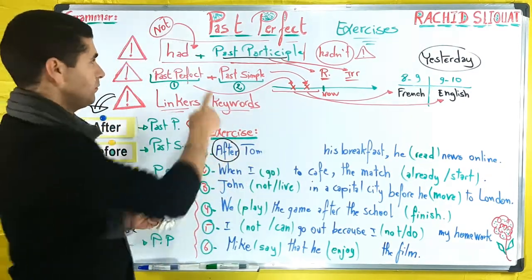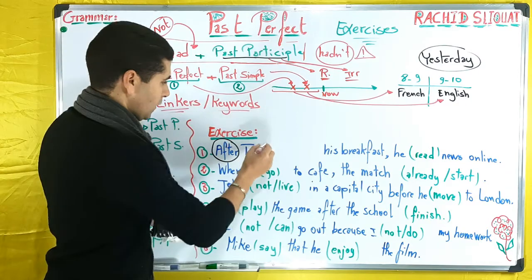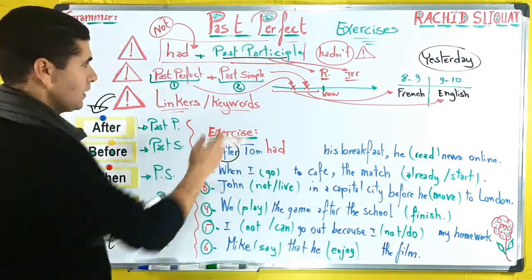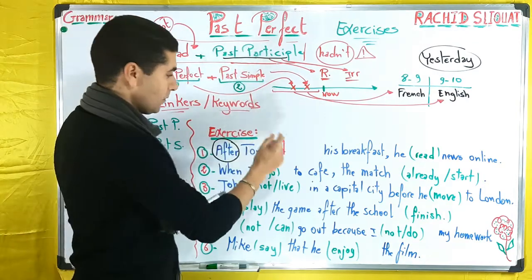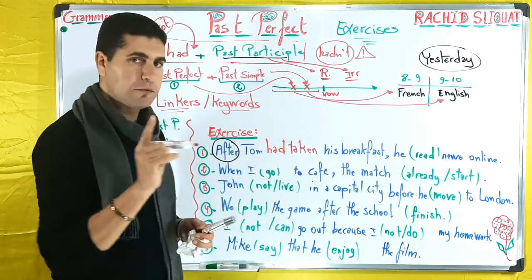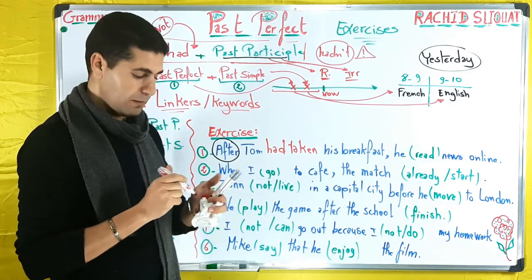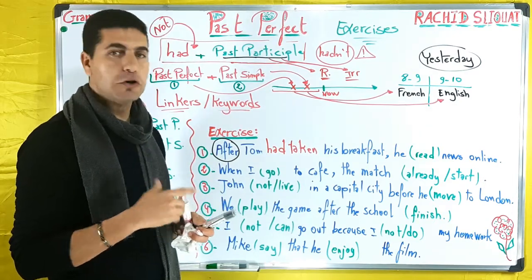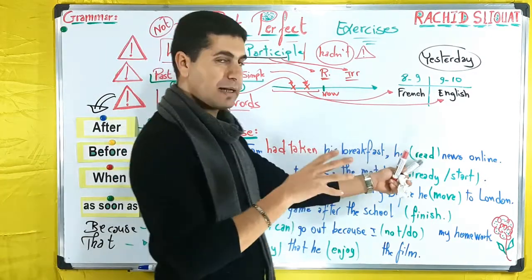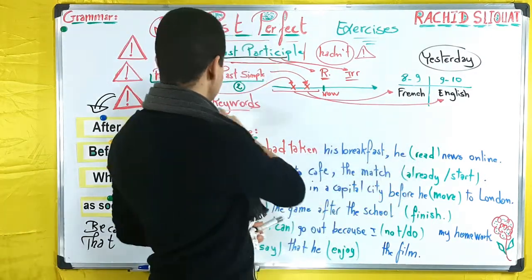After Tom had, so had, and the past participle of the verb take is taken, okay? So as I said, you have to pay attention to the past participle of the verb, either regular or irregular, okay? His breakfast, he. So automatically, this is going to be in past simple, okay?